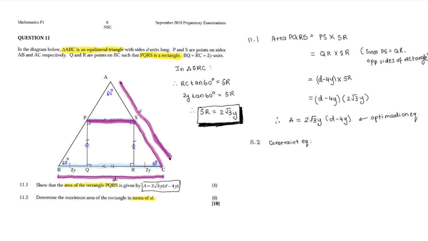This is just to help us develop our constraint equation. The length AC over the length SC must be equal to BC over PS, because we have a line parallel to one side of triangle ABC.